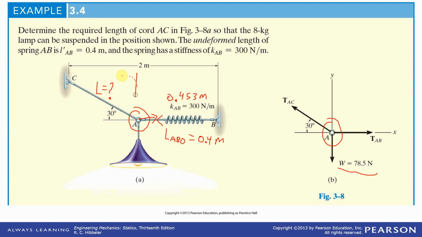Well, from then on, it's trigonometry. 2 minus 0.453. Units in meters. And then that's that length.